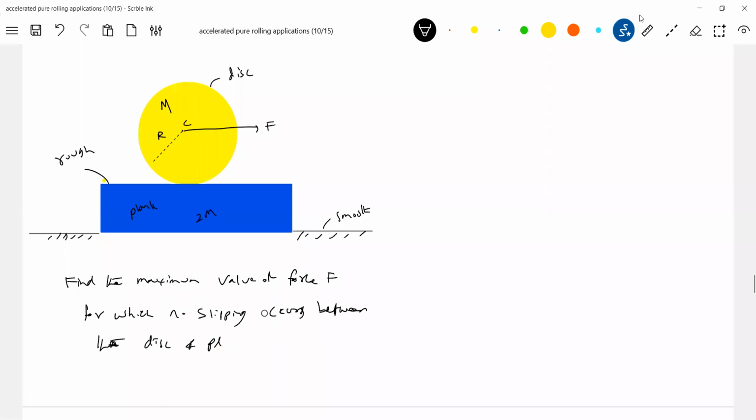No slipping means, that's what we have to understand here. So I'll write M1 and M2 so that it is easy for us to do comparison.